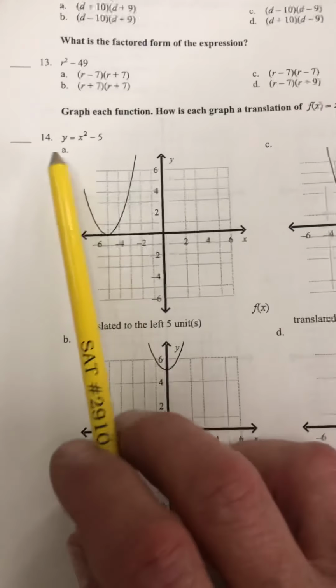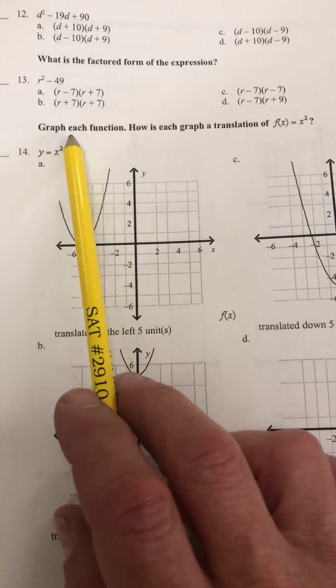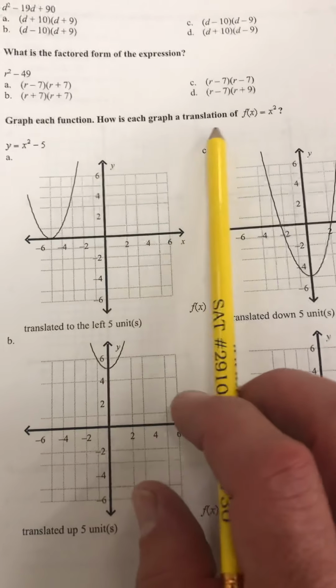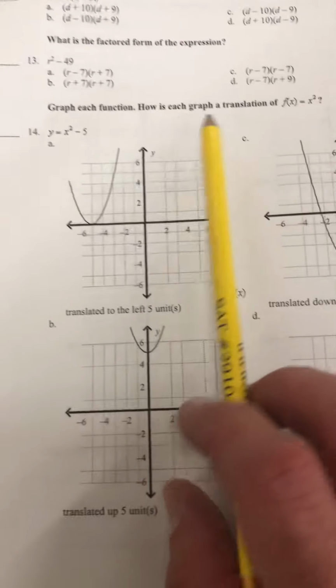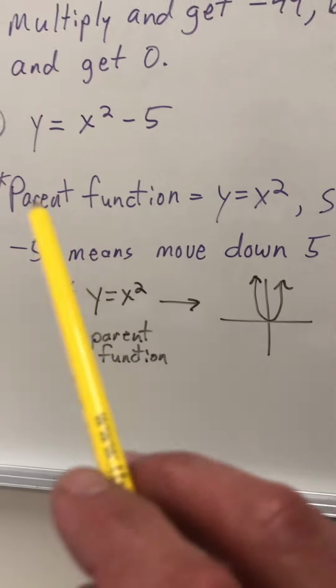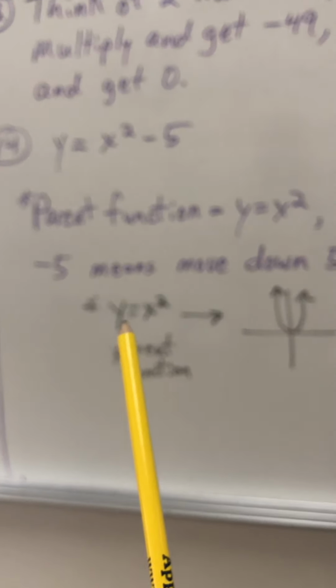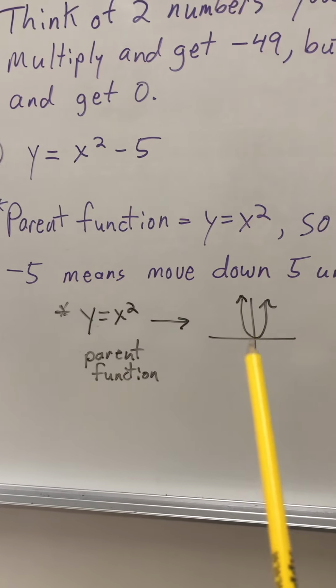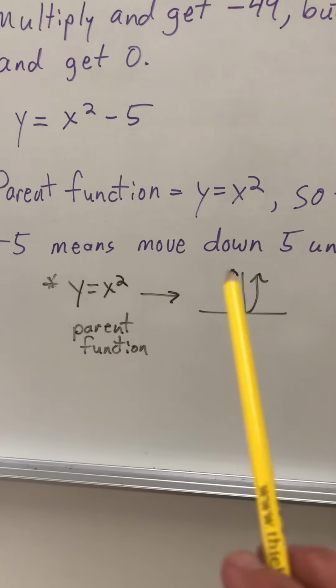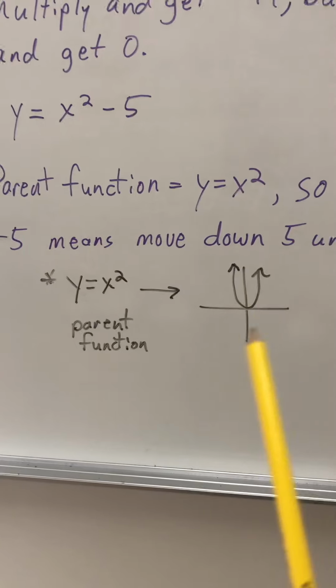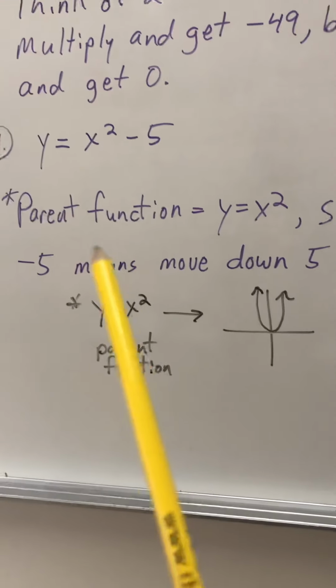For number 14, taking a look at this, graph each function. How is the graph a translation from the parent function? My guidance for you in number 14: remember the parent function is this, which is just right at the origin, a smile-like shape, a U-type shape, a parabola.